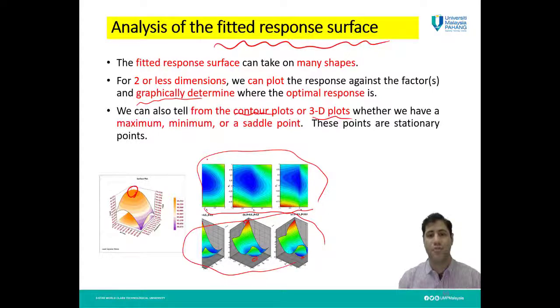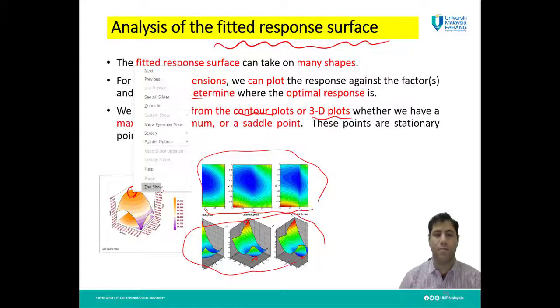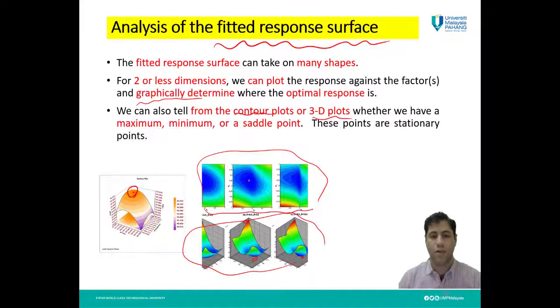By using these plots, we can see where the stationary point is, that optimum point or maximum or minimum point. We call that a stationary point, and we can understand from these graphs where it is. For example, here we have minimum, here we have minimum, and here as well.